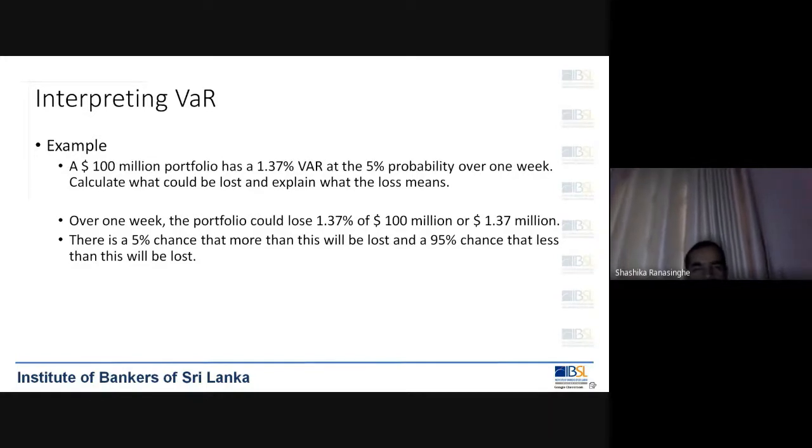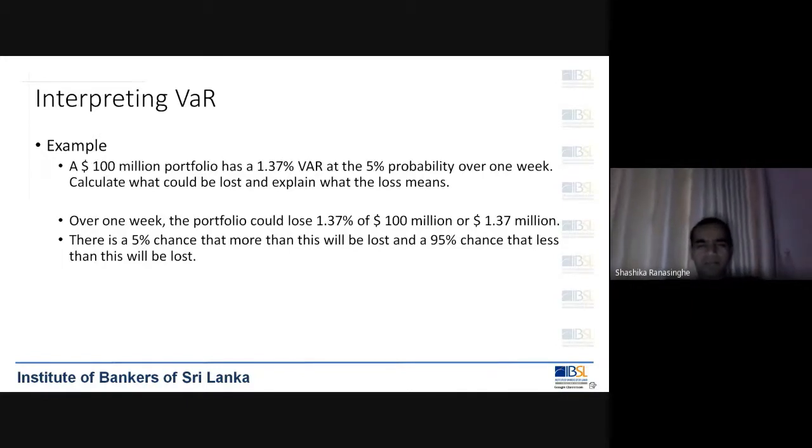So if the question says value at risk at 1% probability over 1 week would be part A more than 1.37%, part B less than 1.37%, part C more or less than 1.37%, part D unable to determine.